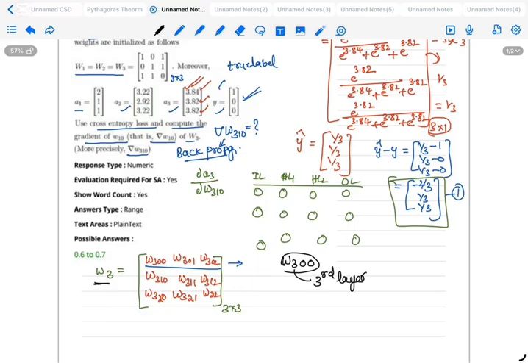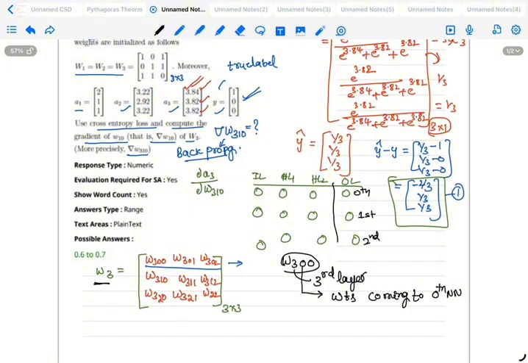The next 0 represents the weights coming to the 0th neuron, that is the first neuron.